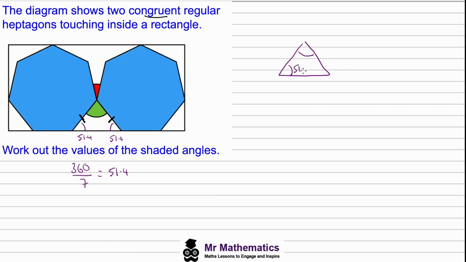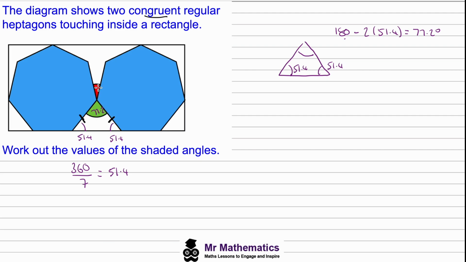This is 51.4, this is 51.4. We can work out this angle as 180 minus 2 lots of 51.4, which gives us 77.2 degrees. And this is the green angle here, 77.2.